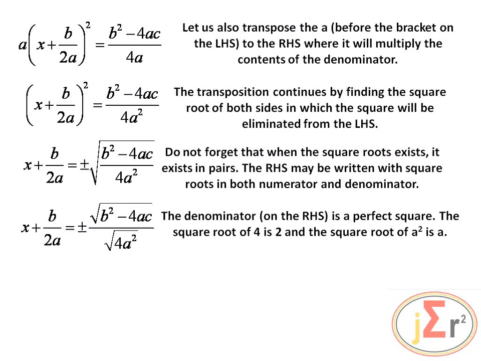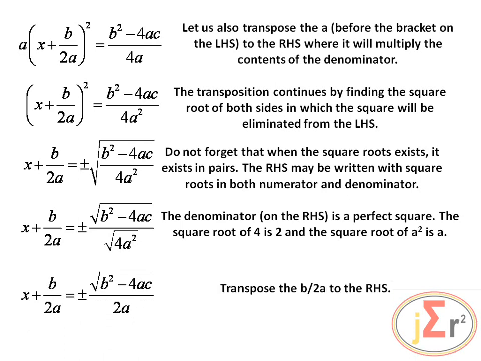So the square root of 4 is 2 and the square root of a squared is a. So we have the square root of b squared minus 4ac over 2a. So transpose the b over 2a to the right hand side. This is all that we have left to be transposed to the right hand side in order to make x the subject of the formula.